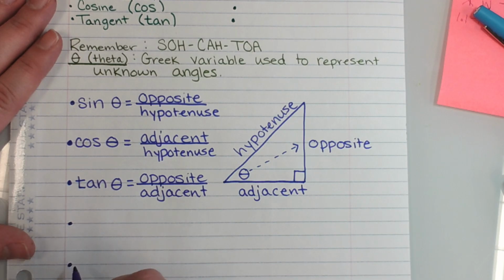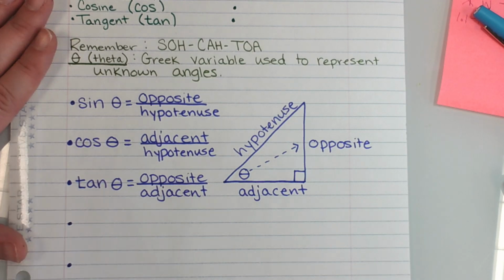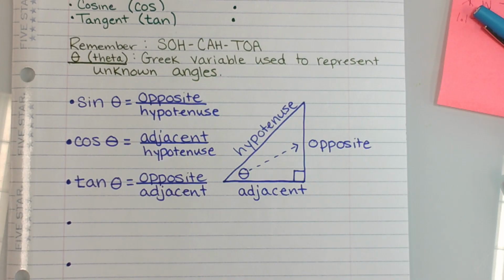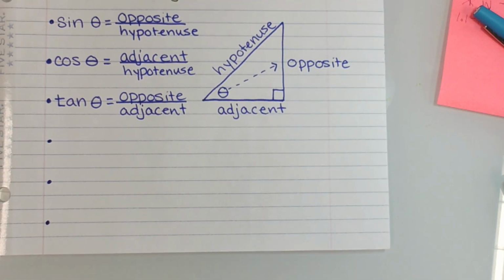We've got three more trig ratios, because you can make three other fractions when I have opposite, adjacent, and hypotenuse. What other fractions can I create? Instead of opposite over hypotenuse, adjacent over hypotenuse, opposite over adjacent, what other ways can I divide these side lengths?